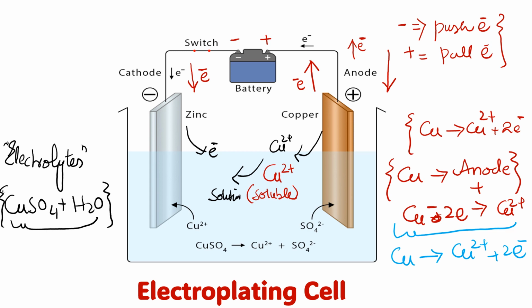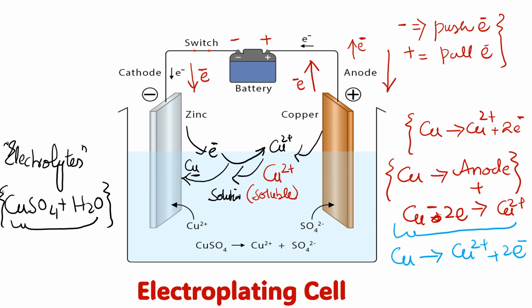So now, dear student, electrons will interact with the Cu2+ ion, the copper ion. In order to deposit copper on the surface of zinc metal, we need to convert the copper ion into a neutral copper atom.